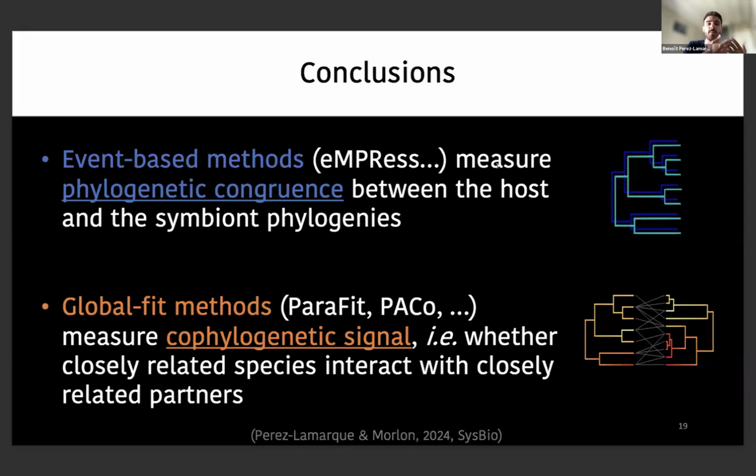The event-based method, such as Empress, can measure phylogenetic congruence, so whether the two phylogenetic trees tend to mirror one another. And global fit methods, such as parafit and PACO, are not specific to phylogenetic congruence, but measure co-phylogenetic signals in general, so whether closely related species tend to interact with closely related partners.